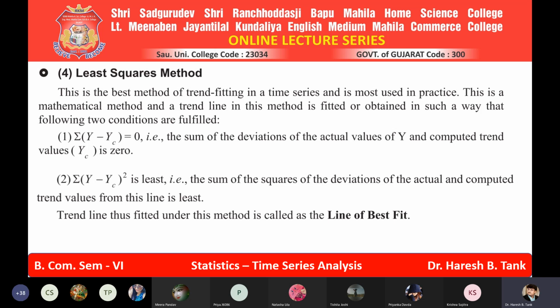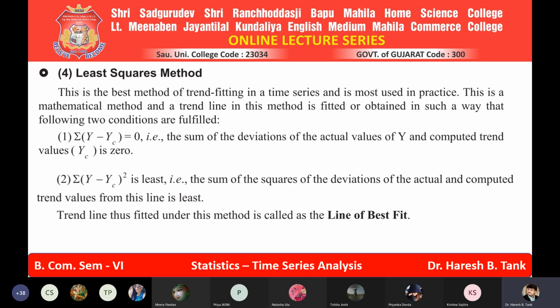We have already calculated this short-term fluctuation, and you might have marked that some of the entities are positive and some are negative. To make all of them positive, the simple thing to do is to square them. Once you square them, the sum of each of them should ultimately be the least, the lowest one.